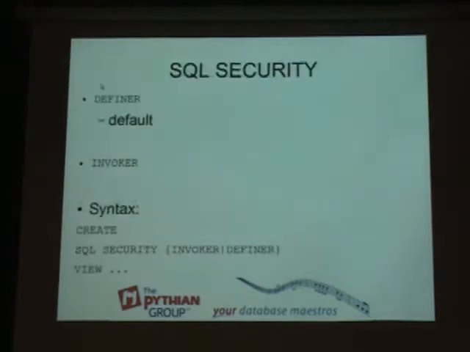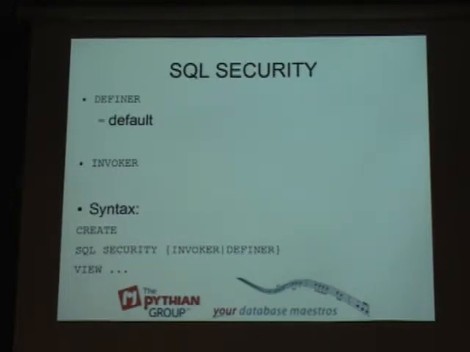All right. So now we get to the questions everybody wants to know. SQL security is one of the options I was talking about, where instead of create view as, you say create SQL security, either invoker or definer. If you say definer, which is the default, then whatever security levels and permissions the definer had is applied to the view.